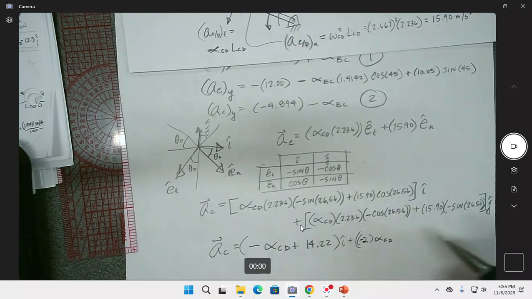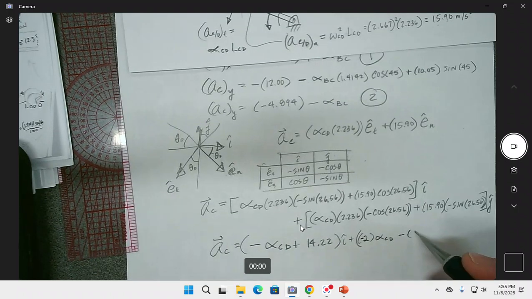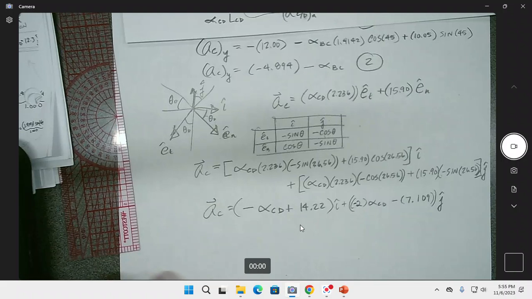Alpha CD, and then this is going to be negative, so minus 15.9 and 26.56. And I'll take the sine of that and multiply, and we get 7.109 j. All right, so these are really two equations, right?